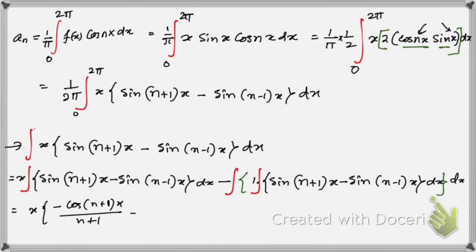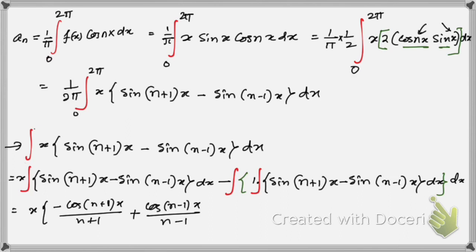Then minus integration of sine n minus 1 into x, that's going to be minus cos, so minus minus plus, cos n minus 1 x by n minus 1. That's what we're going to get, right? Because integration of sine is minus cos, and this minus is going to be plus, so that's why we have got plus here. So hope you have understood this.